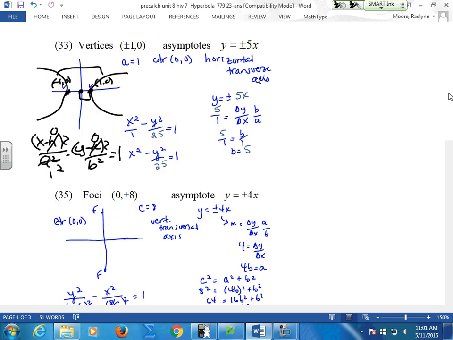Again, I need B. Now, they gave me my asymptotes. My asymptote is a line that goes like this. It helps me graph my two little parabolas there to make my hyperbola. Now, what's going to help me is this piece right here, my slope. My slope is change in y over change in x. So I go down here, I find my y, I look underneath, I take the square root.